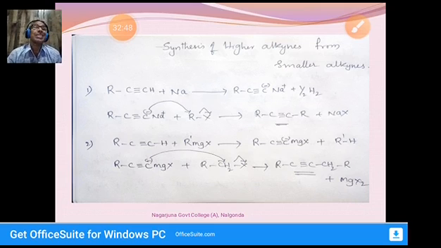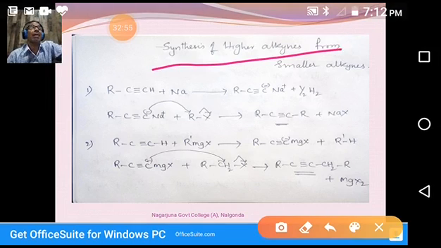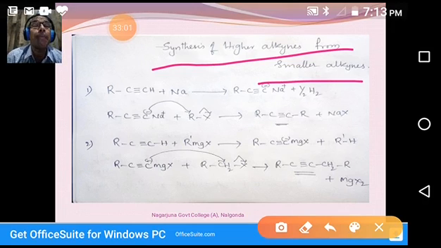Coming to the next part of this session: synthesis of higher alkynes from smaller alkynes. Alkynes are the substances with a carbon-carbon triple bond. From smaller alkynes we can synthesize higher alkynes.